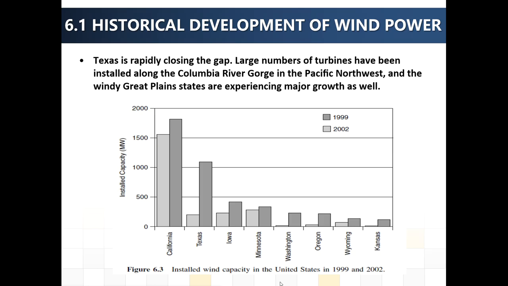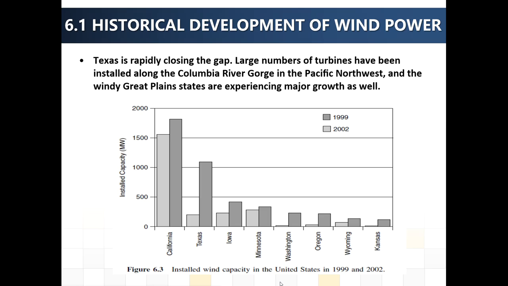Figure 6.3 shows the installed wind capacity in the United States. California has the highest installed capacity among the states. Texas is rapidly closing the gap.